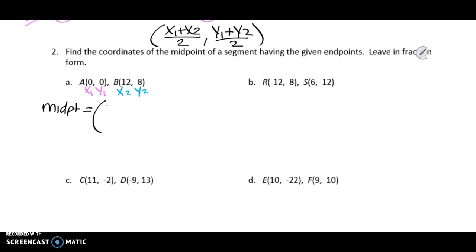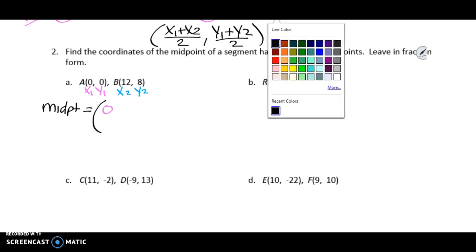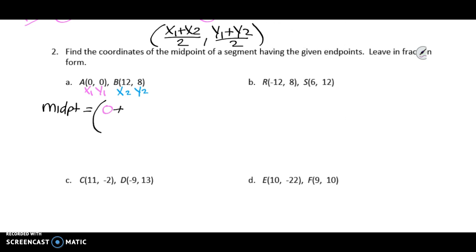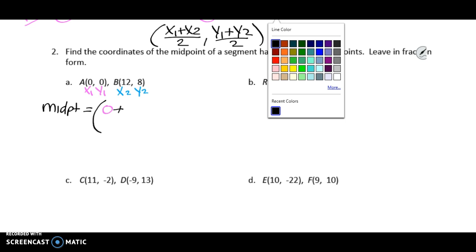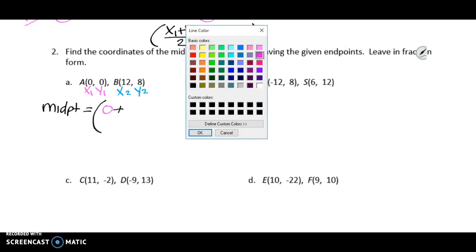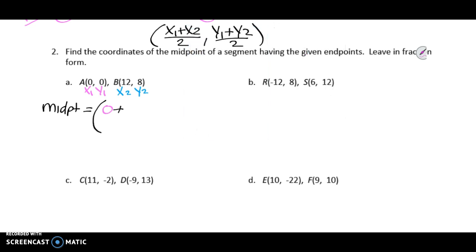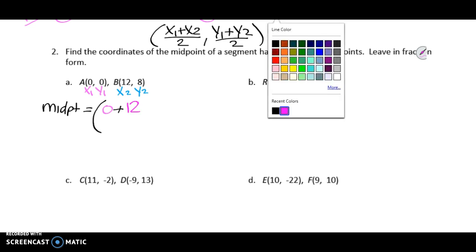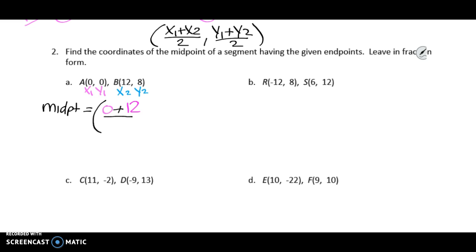So my x1 is 0, plus, then I need an x2, x2 is 12, and it's over 2. So again, where am I getting this? I'm getting this out of the formula up here.